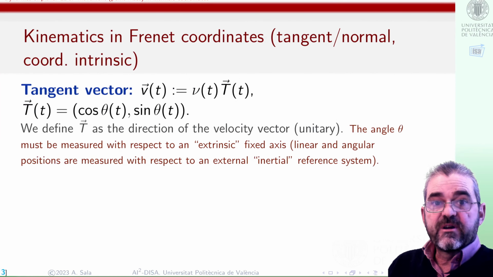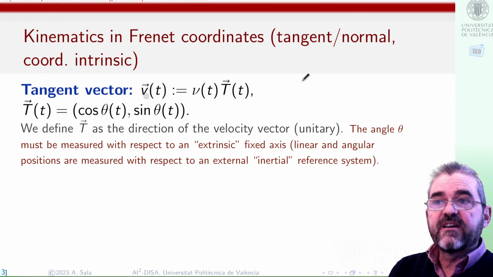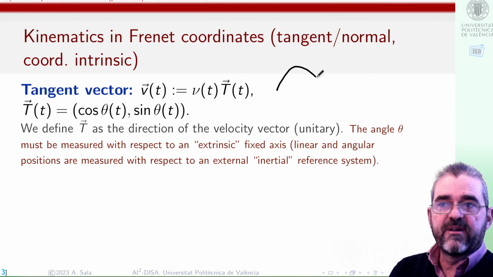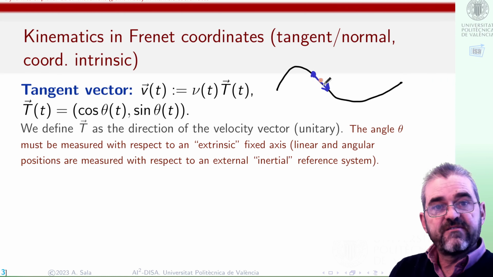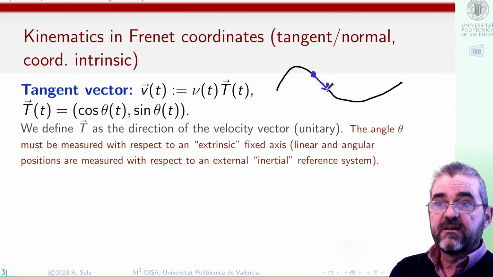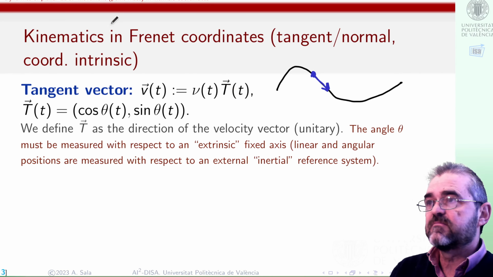So the first idea we are going to define is the tangent vector. We will assume that our velocity vector, if we are following a given trajectory, is this one, and then the unit vector describing the direction of movement will be called capital T, the tangent vector.